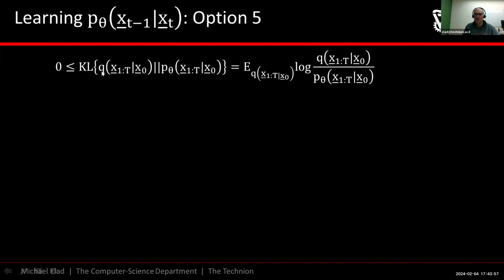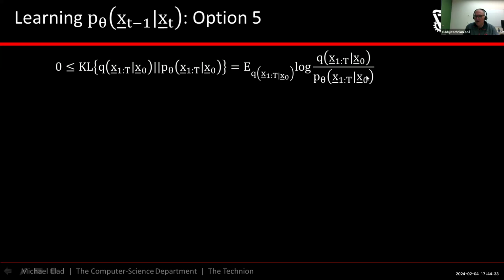The Kullback-Leibler divergence between the forward probability of the complete path given x0 and the backward probability given x0, the divergence between them is necessarily non-negative because of the definition of Kullback-Leibler. It cannot be negative. And here is an explicit expression of it. It's basically an expectation over the first distribution. The first distribution is the distribution of all the paths that started from x0 and ended up wherever they did. And log of the first divided by the second. This is the definition of Kullback-Leibler.